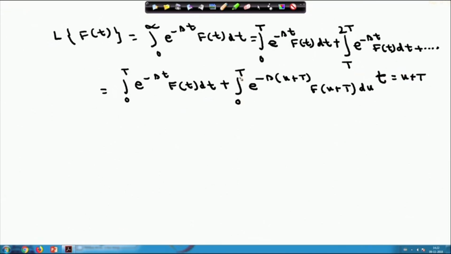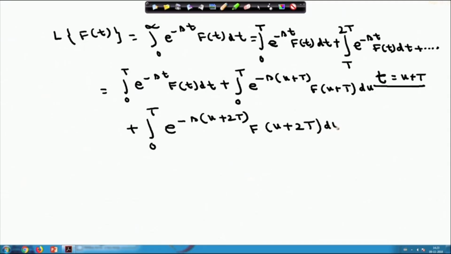So the limiting value is changed to 0 to T, and similarly, if I take the third one and substitute the same thing, then the third integral would look something like this: 0 to T e power minus s into (u plus 2T) into f of (u plus 2T) du, plus like this it will go on continuing.